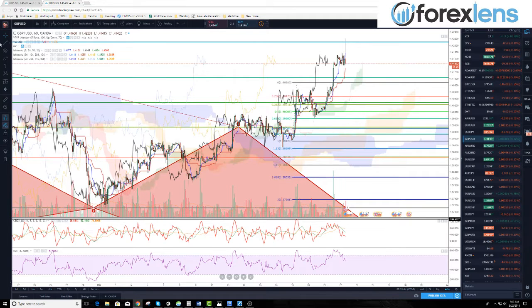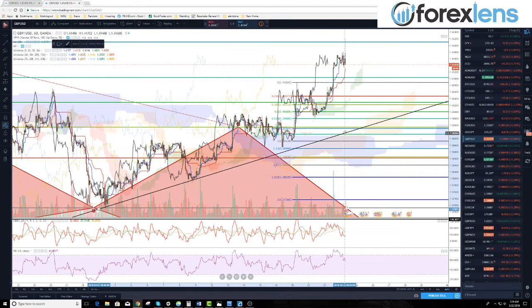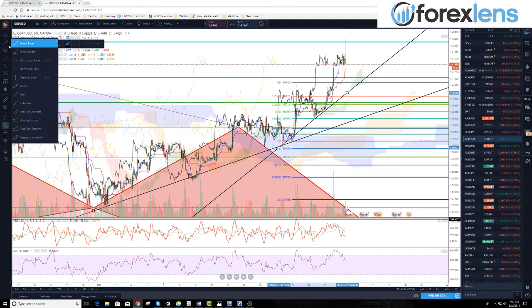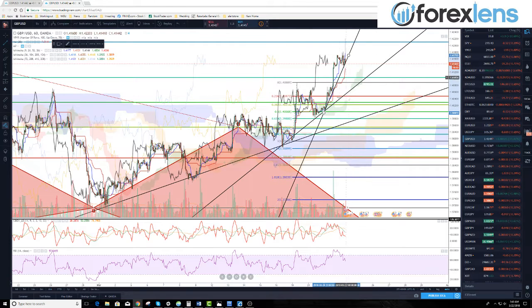Okay, remember, parabolic moves are when you have an uptrend, which we have. When we have an uptrend, like so, a parabolic move means we have, within an uptrend, increasingly steeper rises. See that? That's a parabolic move.